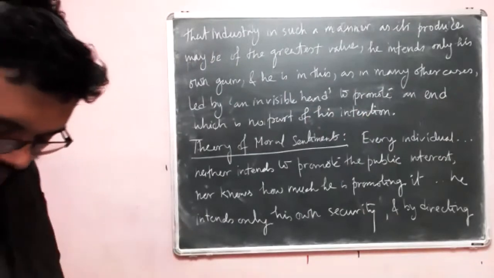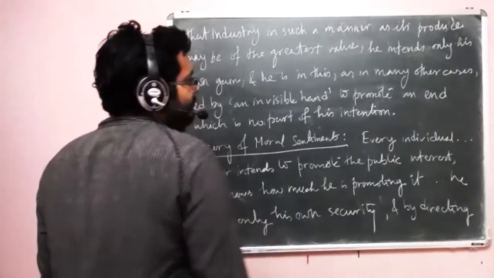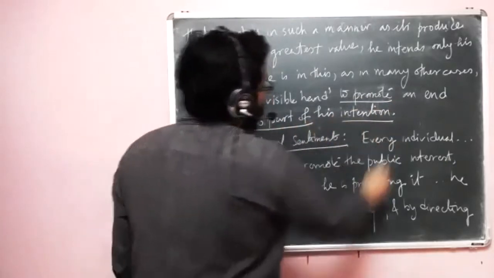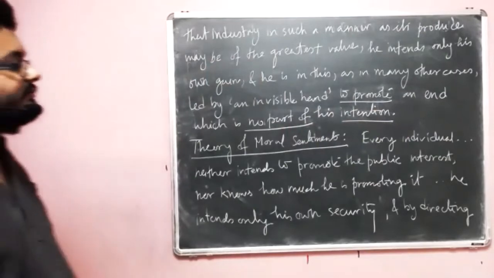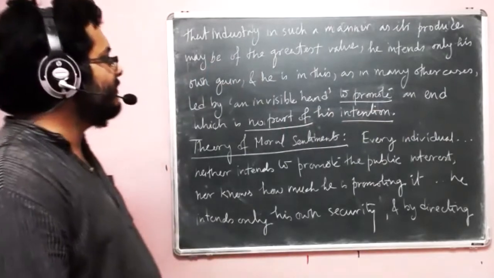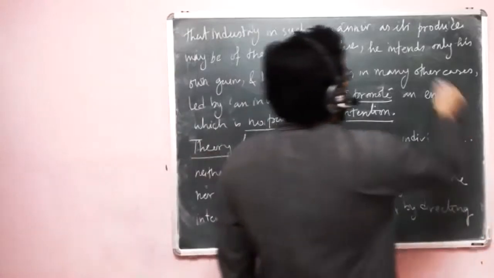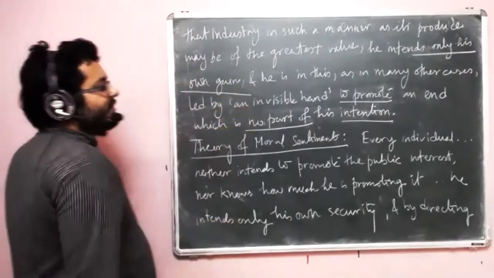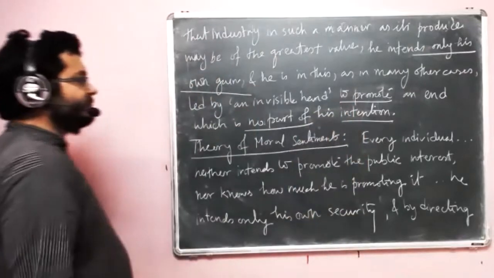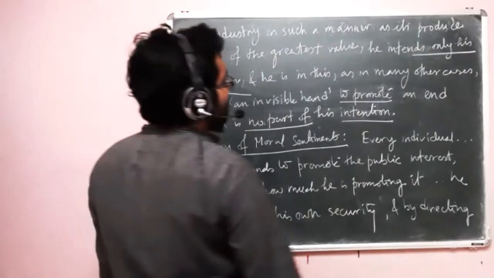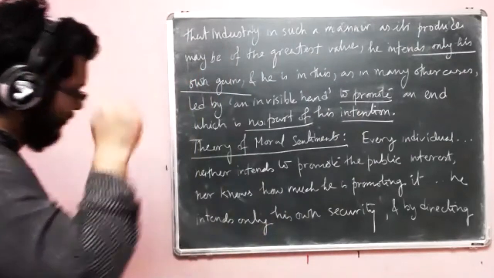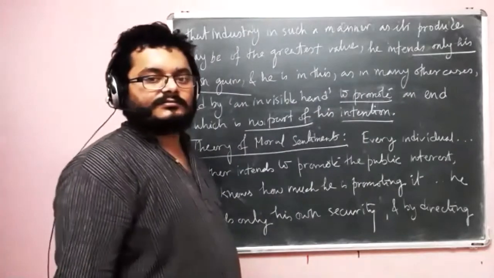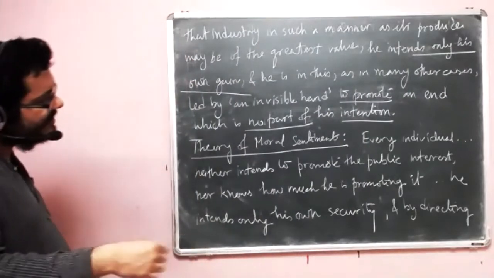Okay. So look at this. To promote, no part of intention. So the individual never wanted that. The individual is working only for his own gain, and yet this happens. A public end is achieved. So how does this happen?